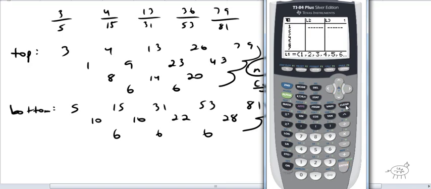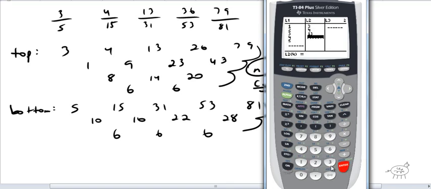Cursor over and hit Clear, Enter. They have 5 terms, right? So we're going to do 1, 2, 3, 4, 5, and then cursor over.